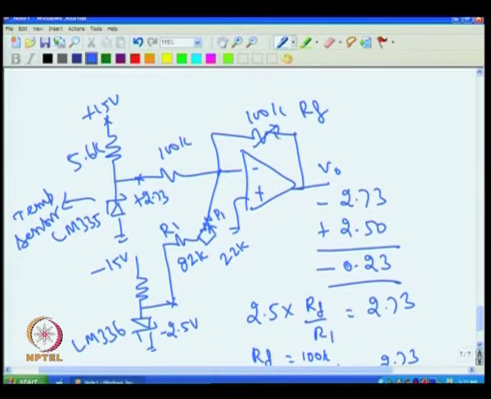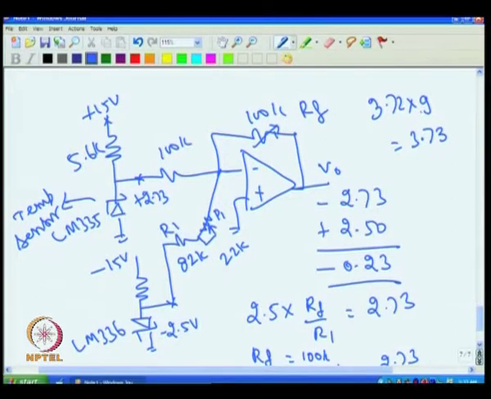If it goes a little more than 100k, then the gain will be a little more than 1, then it will be amplified by a little more than 1. So, if it goes only to 3.72, then I need 3.72 into the gain, whatever I have, that should give me 3.73. So, the gain will obviously be a little more than 1.